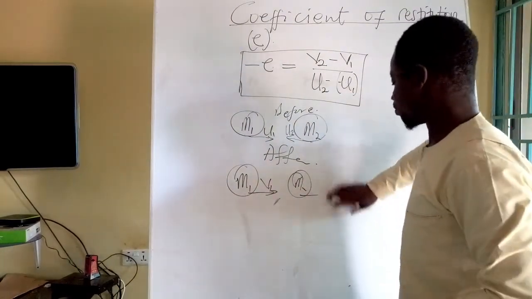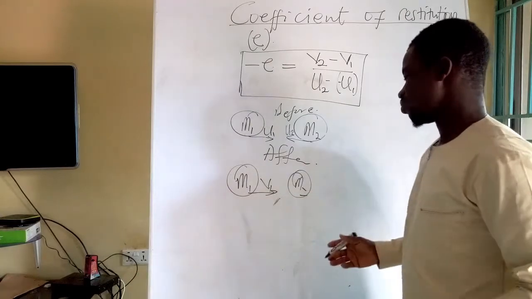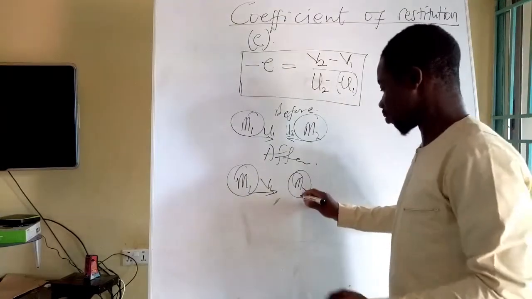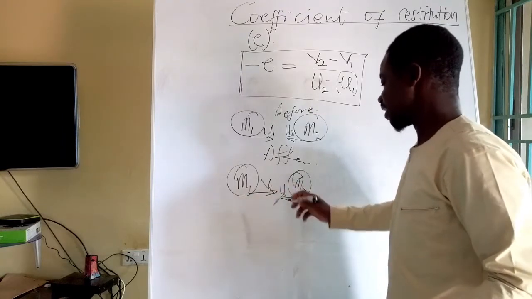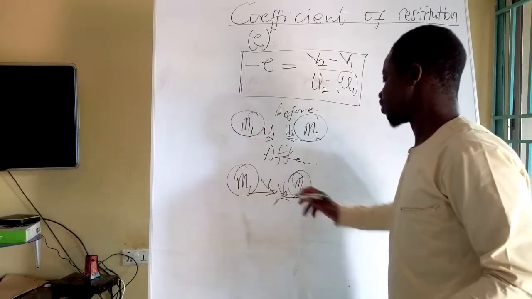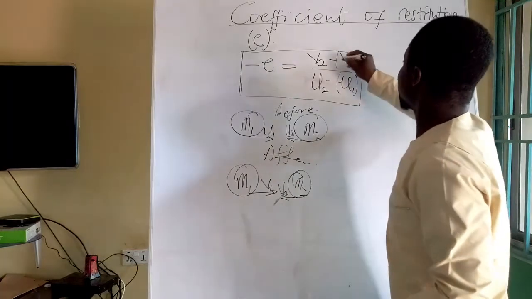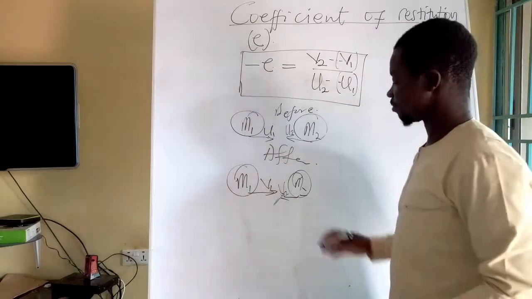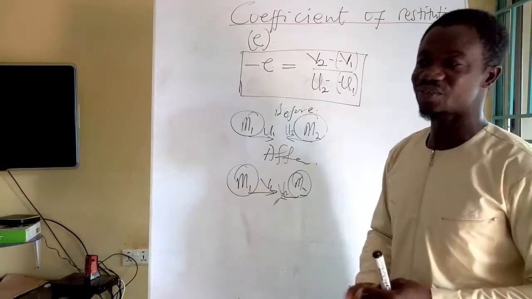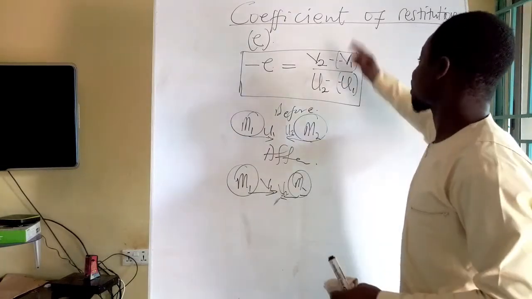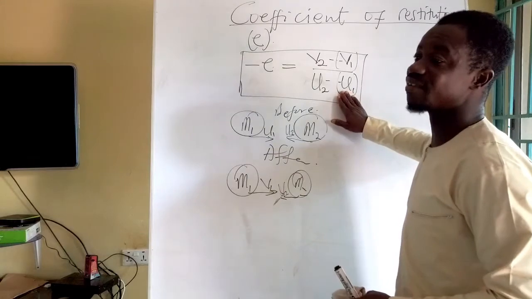If they collide and, which is hardly possible, after collision they move like this, let's take it that that can also happen, then V2 too will have to be negative. But this doesn't really happen, so most of the time it is the initial velocity.